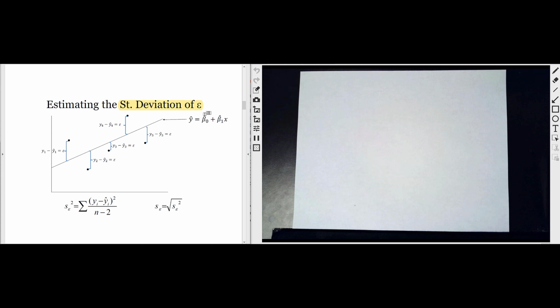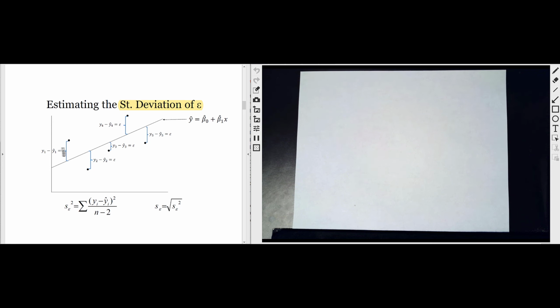Remember that our regression line's equation says that y hat, the predicted value of y, is beta naught plus beta 1 times x. So that's where we get our line from. And then, of course, in real life, the actual values of y differ from those predicted values of y by a certain amount.